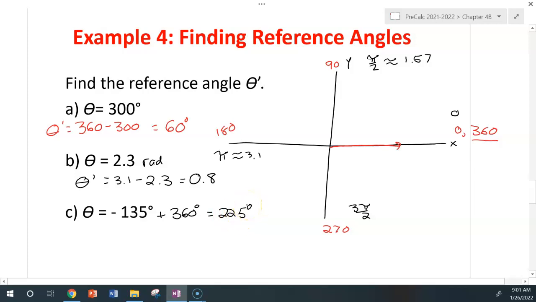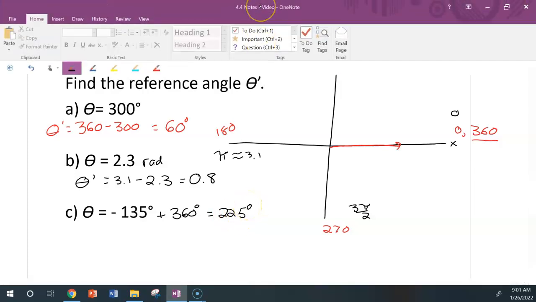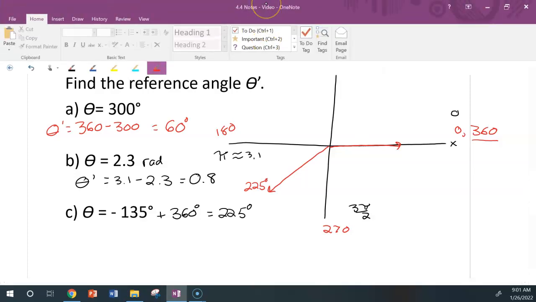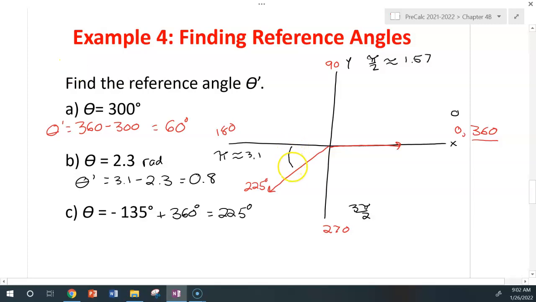So that means that my angle is over here somewhere. And this is 225 degrees. So then my reference angle, shortest distance to the x-axis, so that means this one is theta prime.